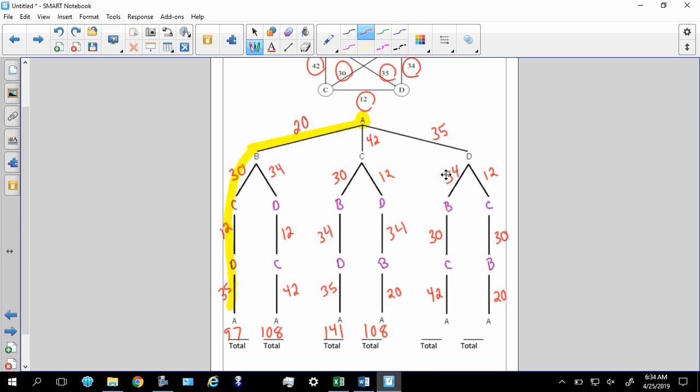All right, 35 plus 34 plus 72. I got 141. There's my other repeat. Good. And then let's see, 35 plus 12 plus 30 plus 50. Enter. There it is, 97. All right. So everything's repeating. That's good.